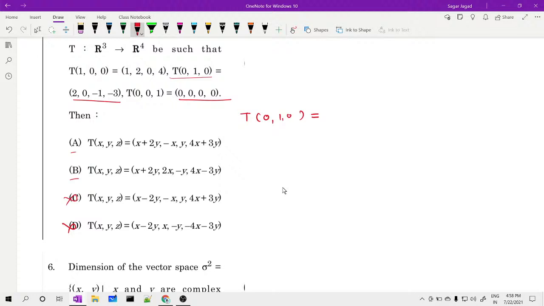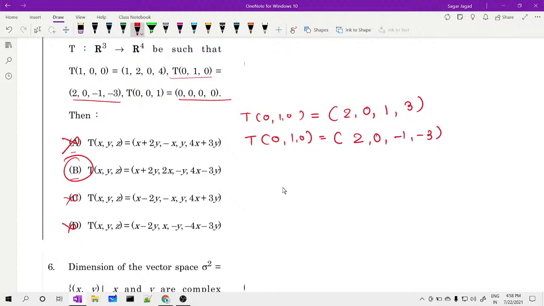So if I put this, then I get 2, 0, 1, and 3. So A cannot be correct. If I just see in B, if I put 0, 1, 0, let's see what happens. It should be 2, 0, minus 1, minus 3, which is something that we require. So option B is the correct one.